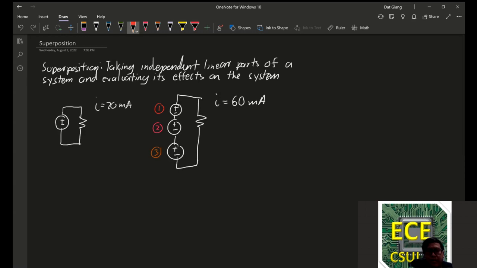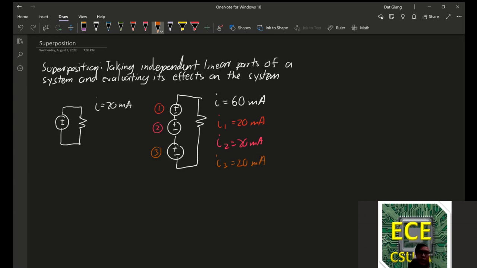I say that the current I1 that is generated by this battery source, ignoring the other two, is 20 milliamps. And then similarly, this is also 20 milliamps, and similarly, this is 20 milliamps.